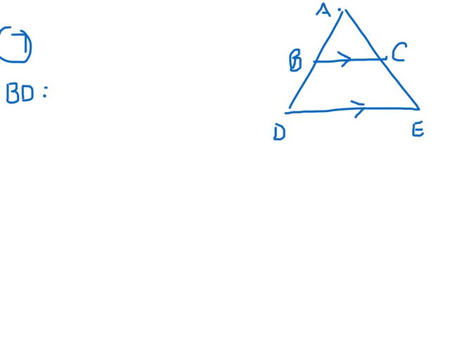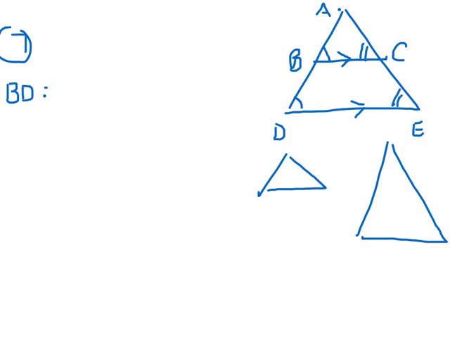Okay, that means that I've got a bunch of angles matching up, don't I? That means this angle and this angle are congruent because they're corresponding angles, and this angle and this angle are congruent because they're corresponding angles. So I know that that little triangle and the big triangle are going to be similar.